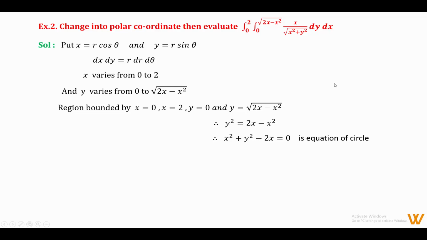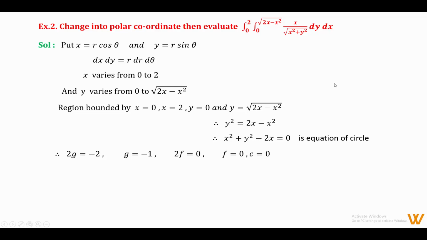For that, compare this equation with the general form x square plus y square plus 2gx plus 2fy plus c equal to 0. So 2g equals minus 2, therefore g equals minus 1. 2f means the coefficient of y is 0, so 2f is 0 and f is 0. C means the constant term is 0.